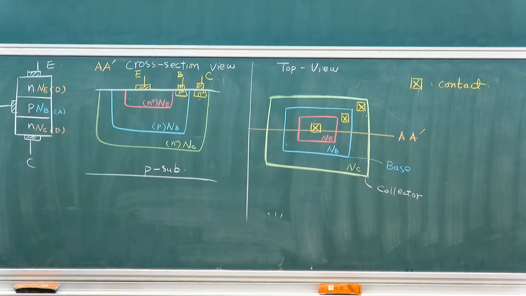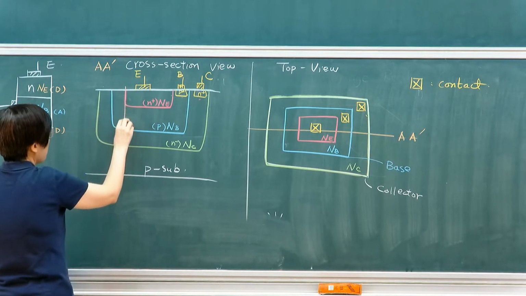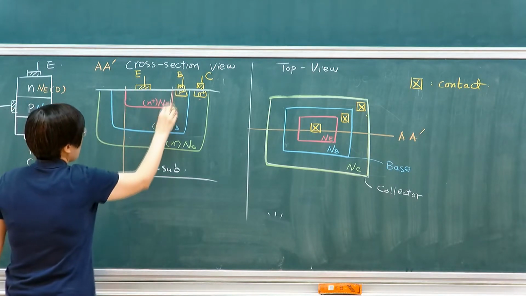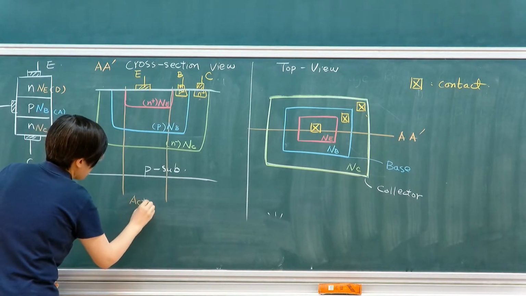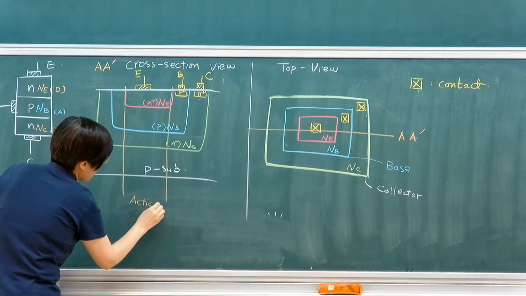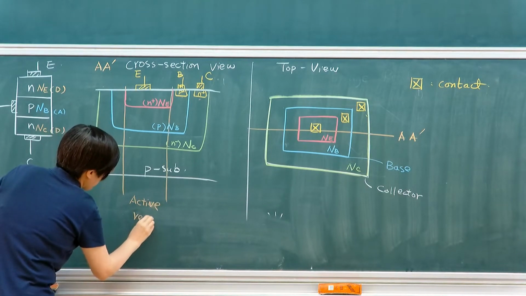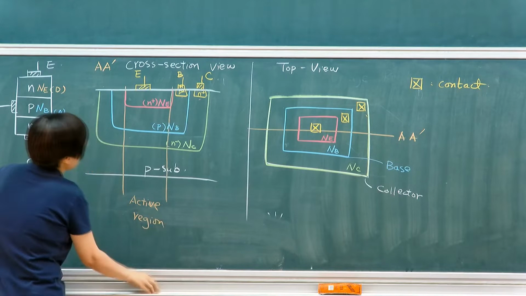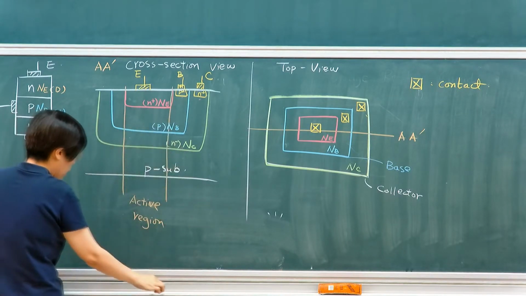What color is it? If you look at a device, this is the typical active region. It's a vertical device. My electrons go from emitter to collector through the thin base.